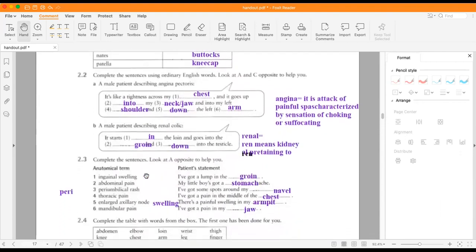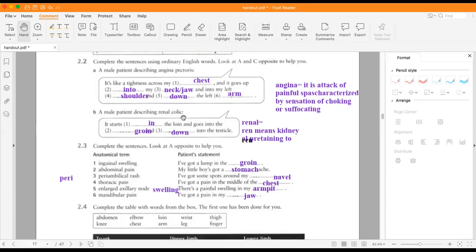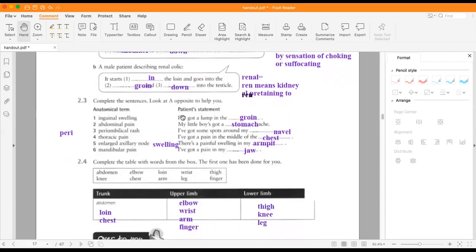And then here, two of the exercises are similar to the one we have taken in number C. Some new words are presented, for example, angina pectoris, and some are common, like renal colic, and they are common because of the first lecture, where you already understand the meaning of renal.